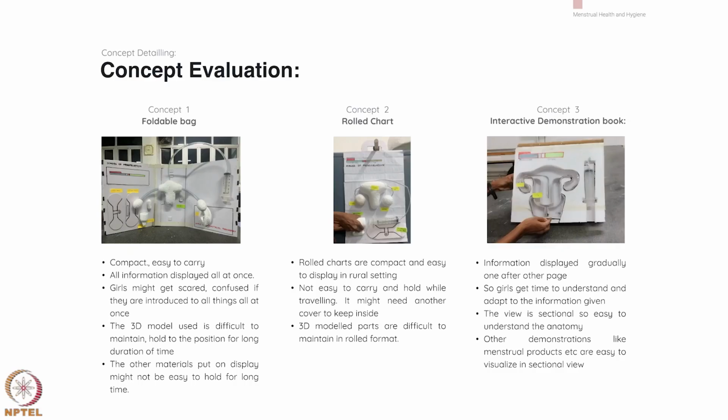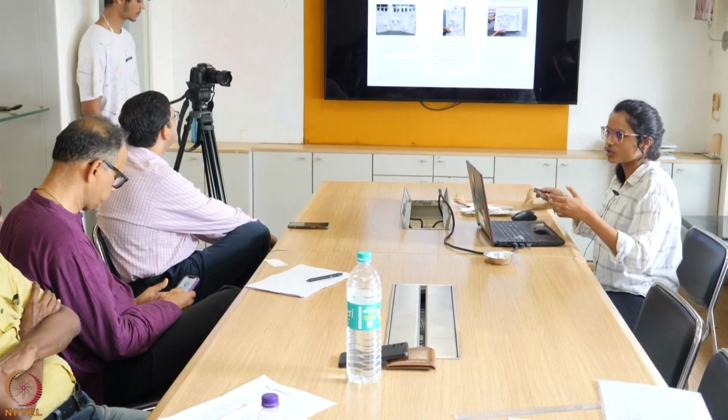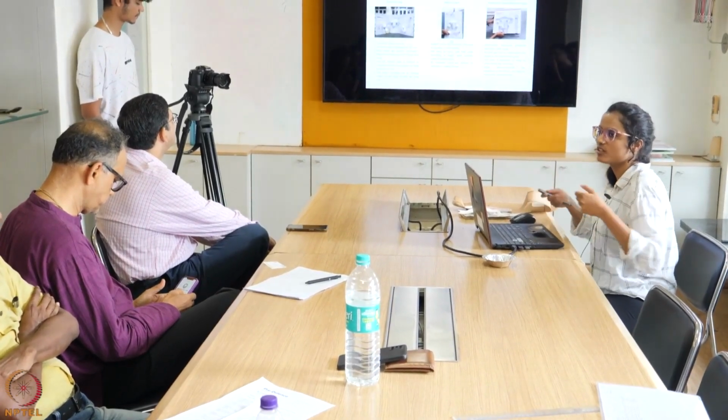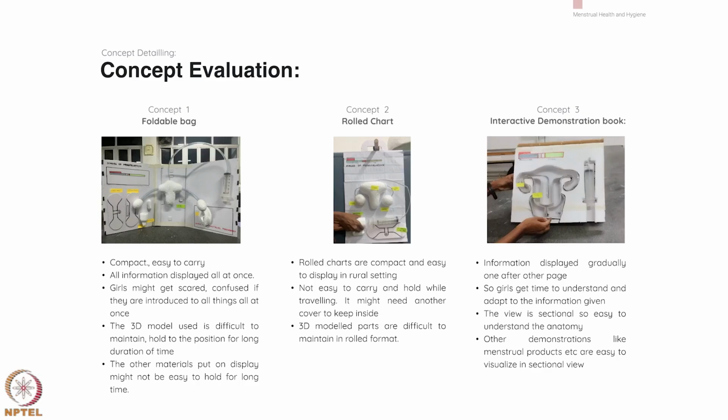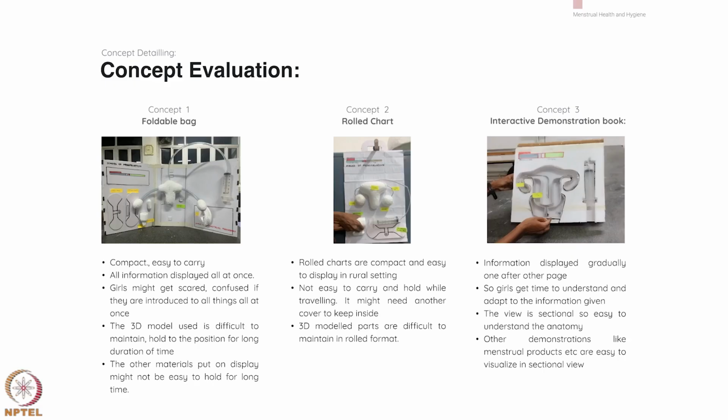And then the roll chart is also the same, it is difficult to carry. It will require one more folder to carry it around places. Plus the roll chart is not something that is very rigid, so things inside it might get spoiled. So third one was the interactive demonstration book, where I showed a cross-sectional area of the uterus, and through this demonstration it is easy to visualize the menstruation process.